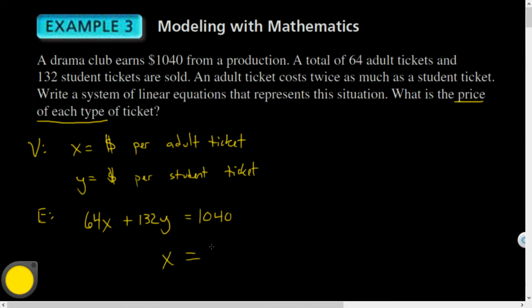But x, the cost of an adult ticket, is twice as much. So that means what operation? Twice as much. What math do you translate that to? No, that was the total amount of money that came in. This is twice as much as a student ticket. The 64 was the number of adult tickets sold. The 132 was the number of student tickets sold. What represents the price of a student ticket?